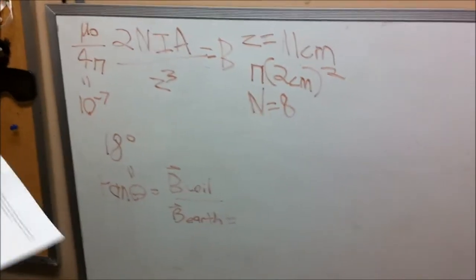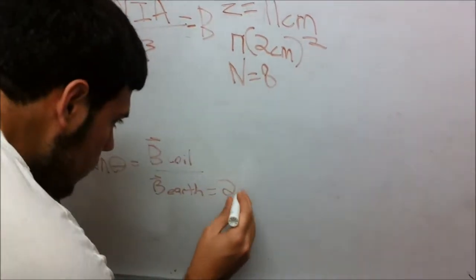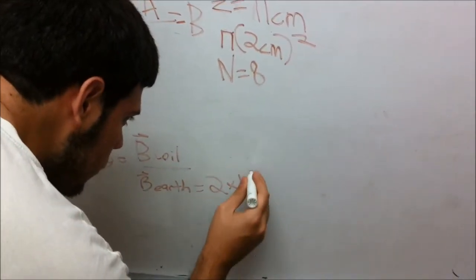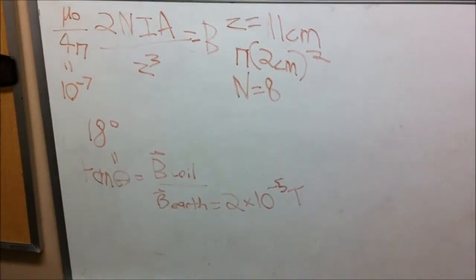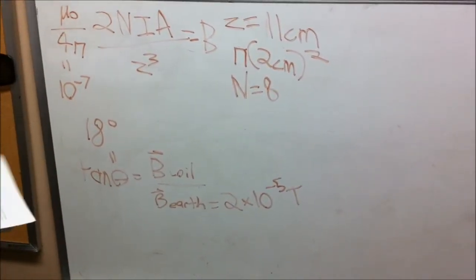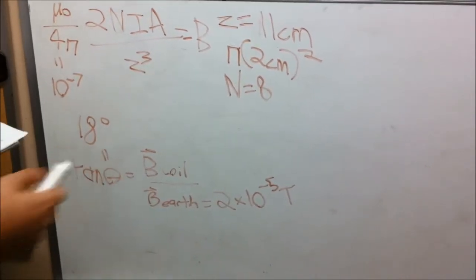We know that the magnetic field of the Earth is equal to 2 times 10 to the minus 5 Tesla. And because we know that theta equals 18 degrees, we can solve for the magnitude of the coil's field.